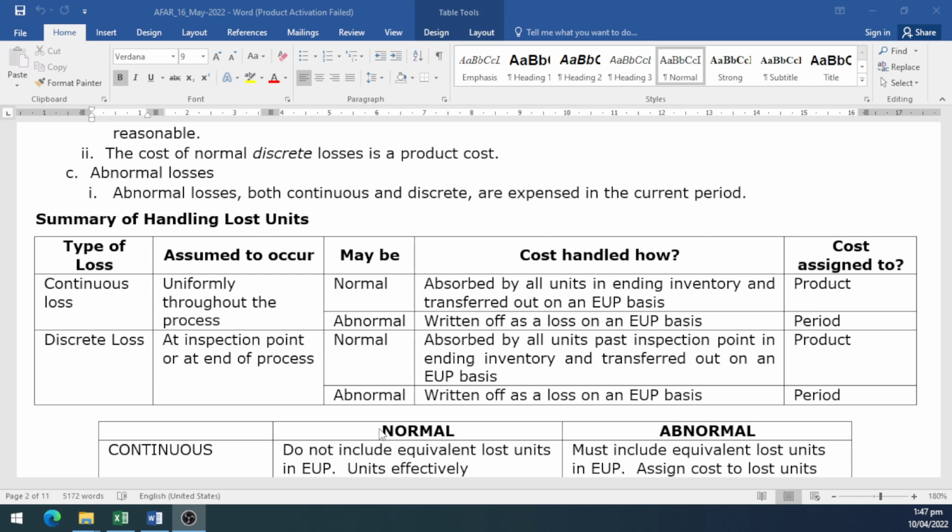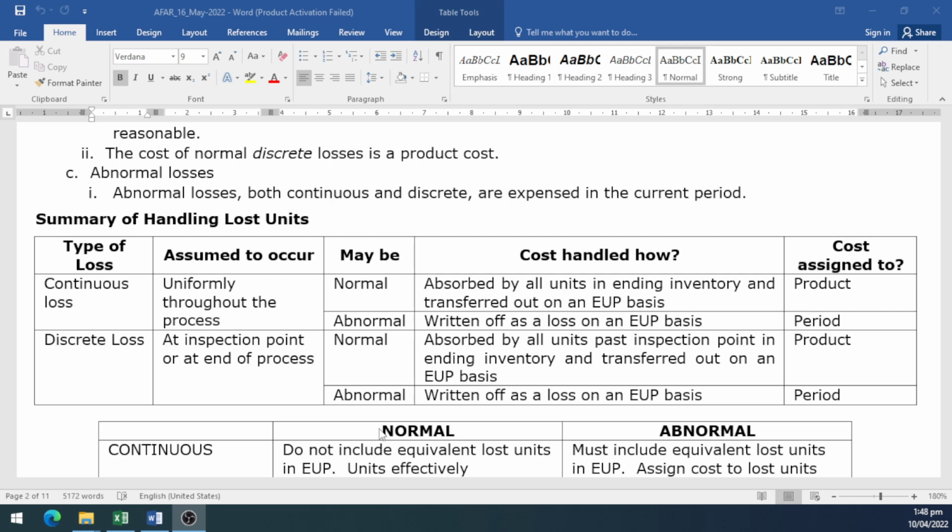Kung detected at the end of the process, or when 100% done, ang ibig sabihin nun, yung EUP niyan, syempre, mayroon, at yung cost niyan, kung product cost yan, kung normal, i-absorb nung units completed lang. Kapag loss detected at the end, ang absorbing units lang po is yung units completed. Hindi kasama yung work in process end.